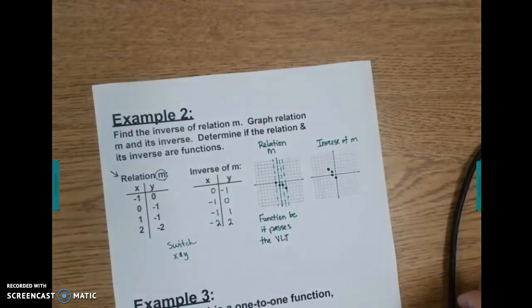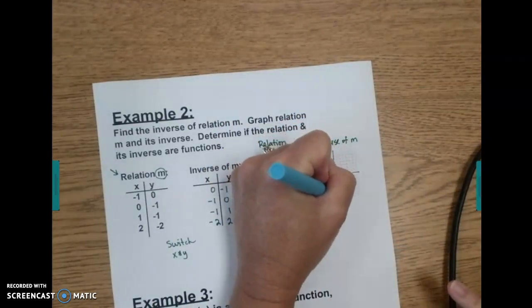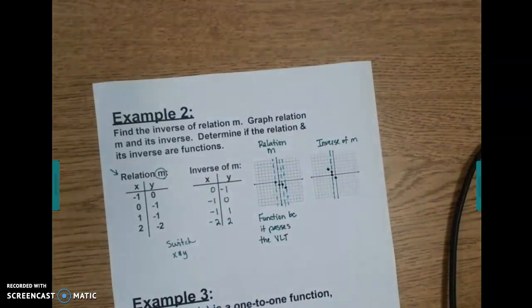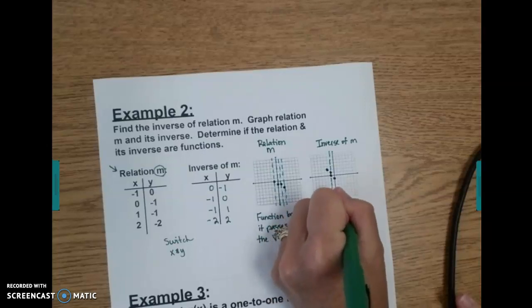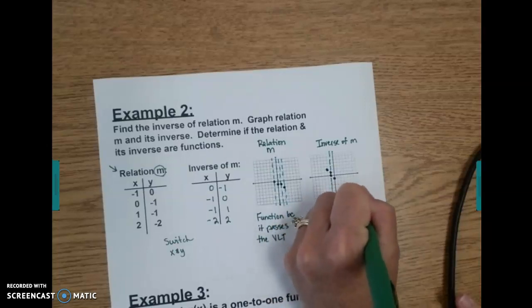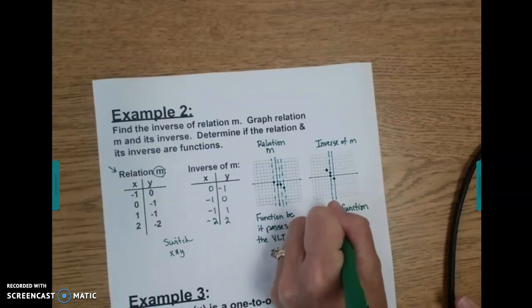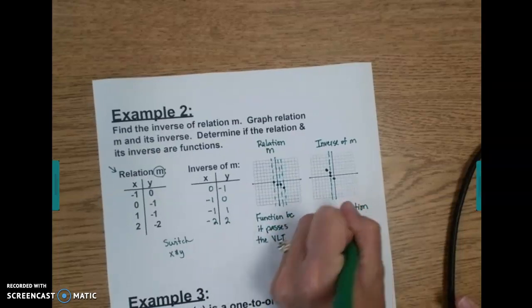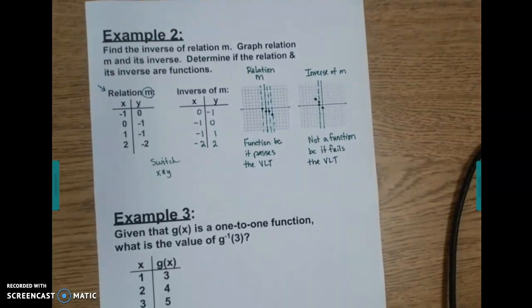No, it will not, because if you look right here, this vertical line goes through 2 points at one time. So this is not a function because it fails the vertical line test.